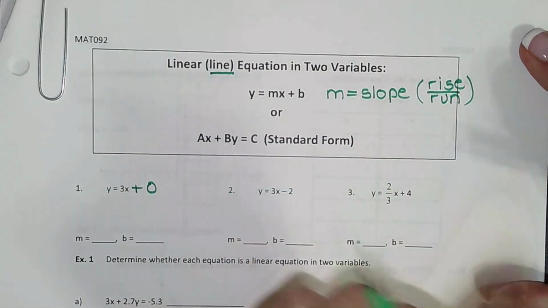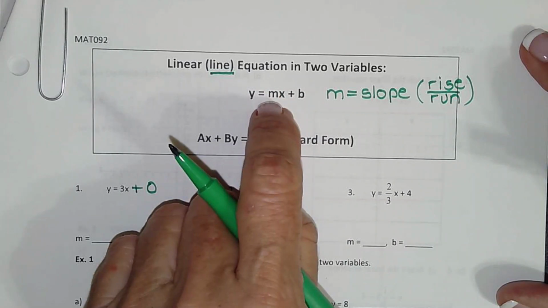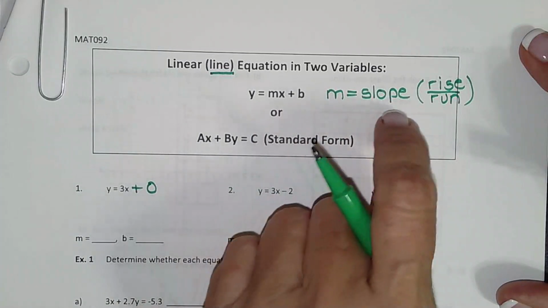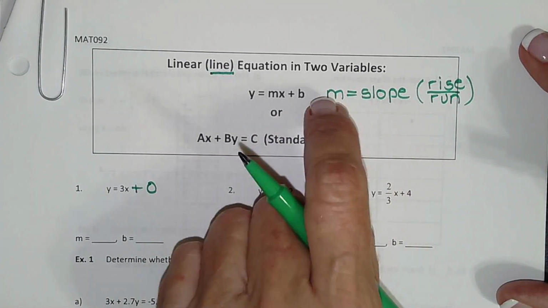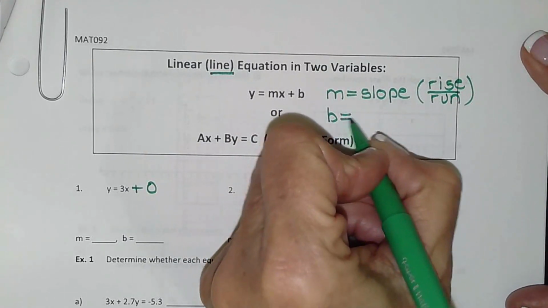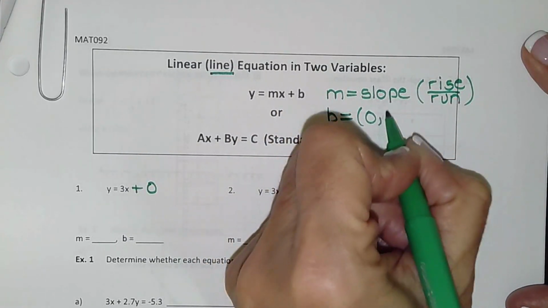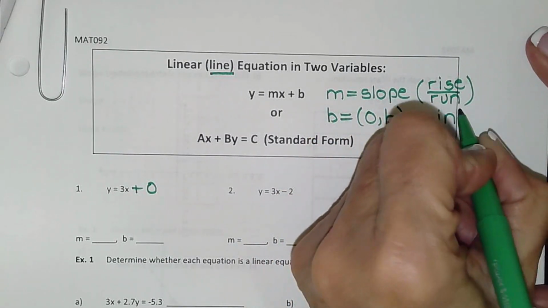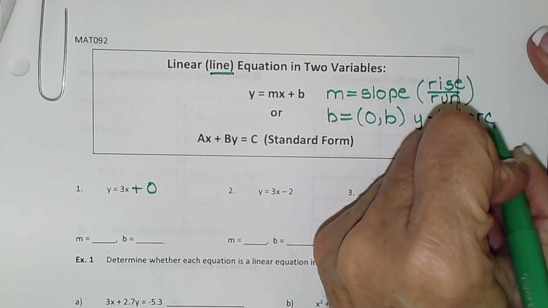It's how fast the graph goes up. So the number in front of x is called the slope. b, we're going to learn, is the y-intercept. 0, b is the y-intercept. It's where the graph crosses the y-axis.